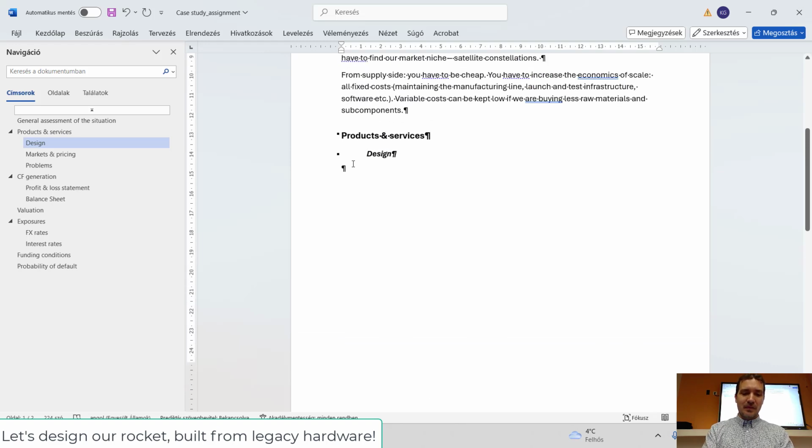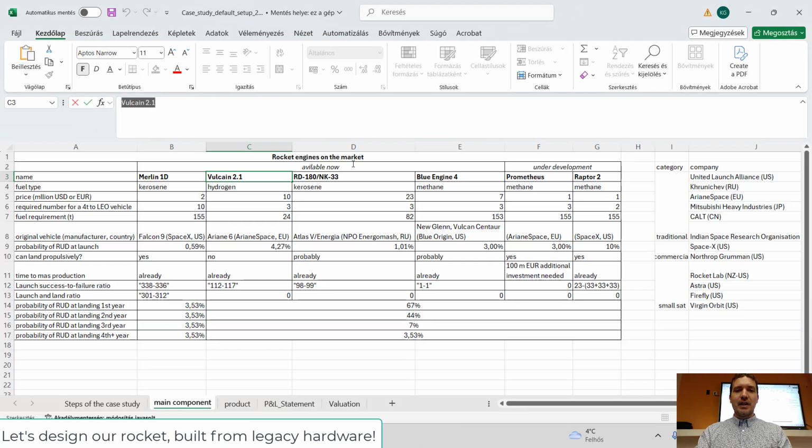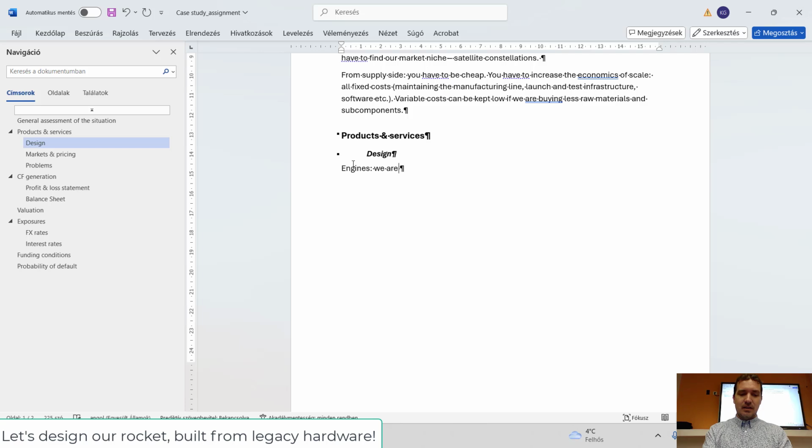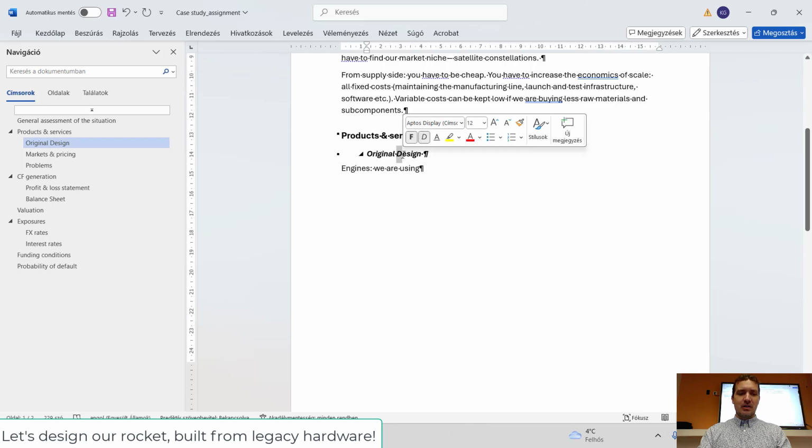So engines. So we are using, right now, design original. Let's see at first how crappy the situation is in the original case study before we start releasing our creative energies.